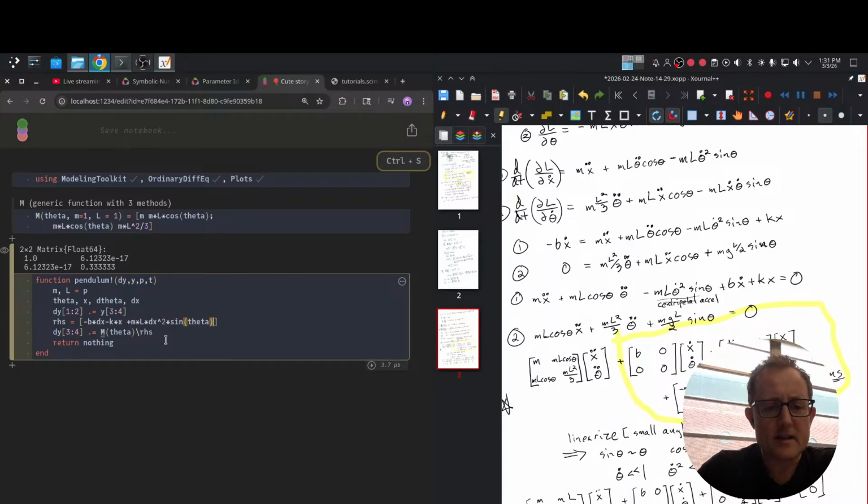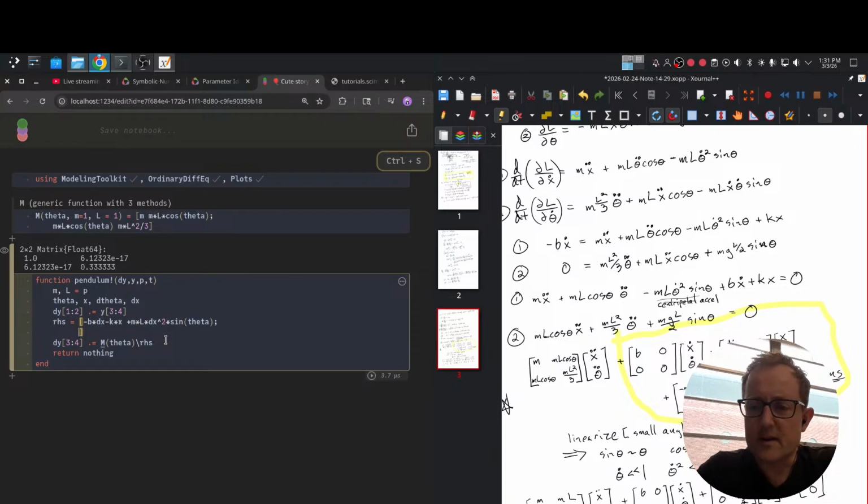All that's equal to 0. And then our next equation is 0 theta dot, 0 theta, but then a negative m times g times L over 2 times sine of theta.